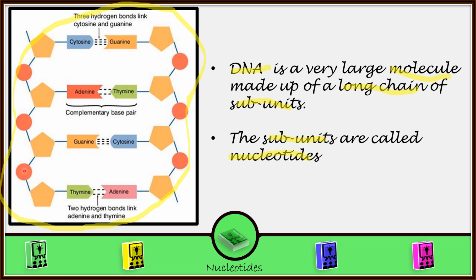Then we have the phosphates, which are also subunits. When we have a phosphate, a sugar, and a base, that is referred to as a nucleotide. So the DNA is made up of long chains of subunits called nucleotides.